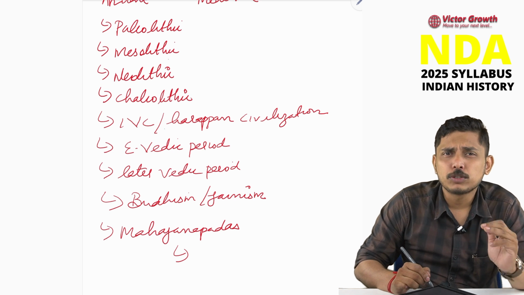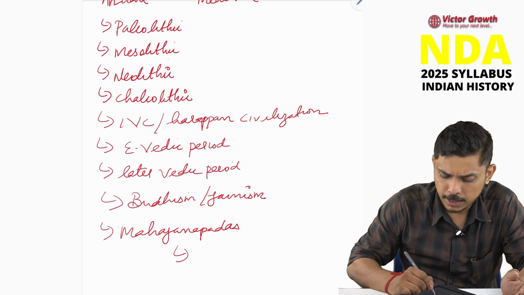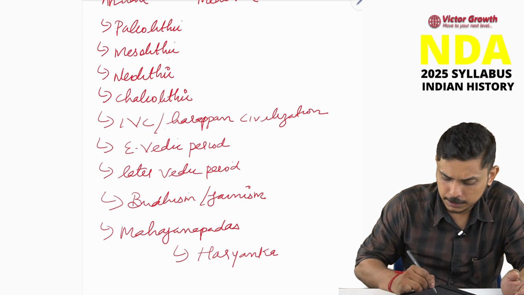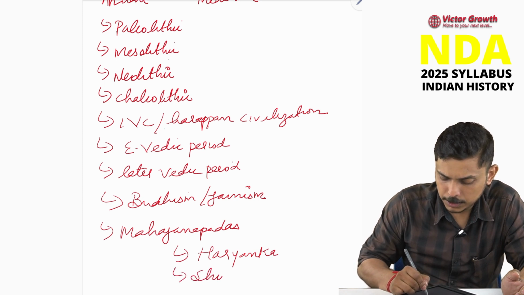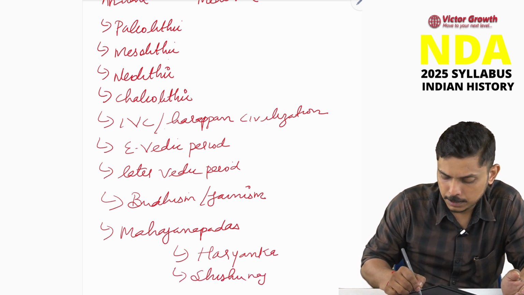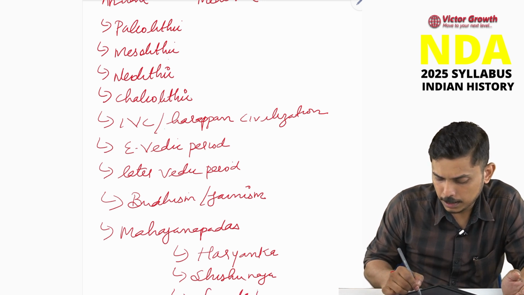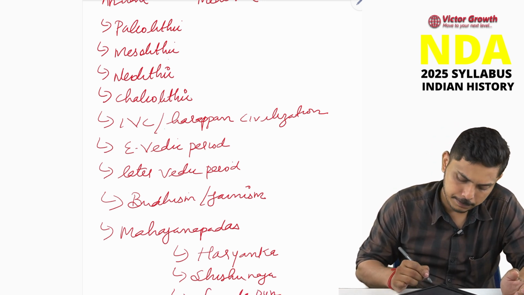Then we need to study three important dynasties during that period, that is Haryanka, Shishunaga, then the Nanda dynasty.